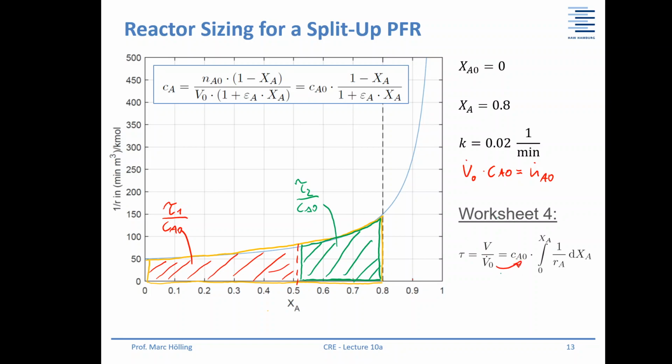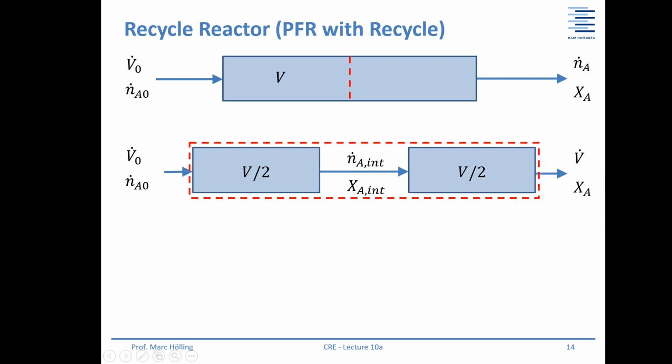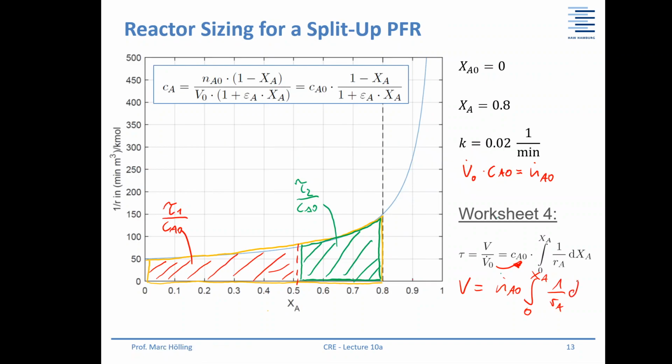If you move your volume flow to this side, then you end up with something like: the volume that you need is your mole flow at the inlet times this integral here, 1 over Ra dXa.